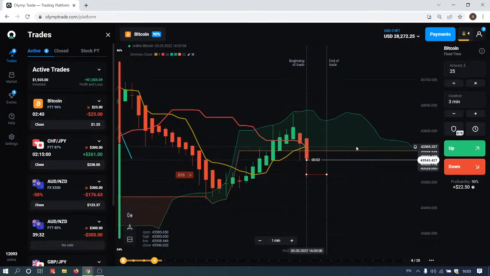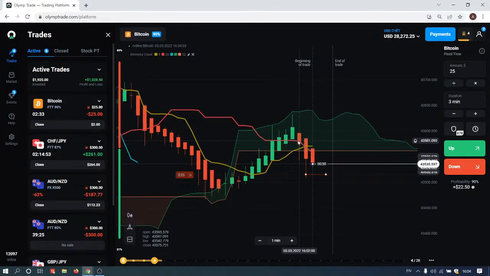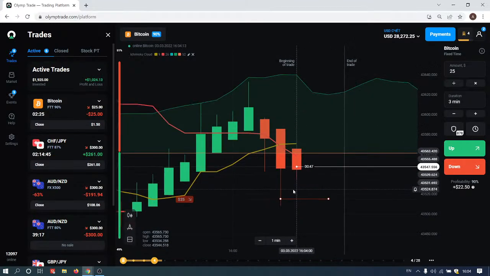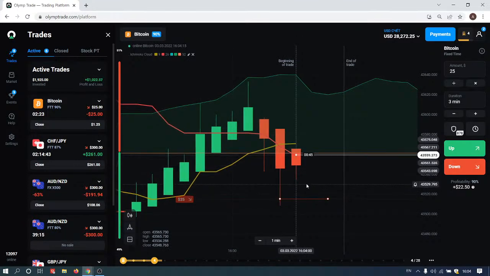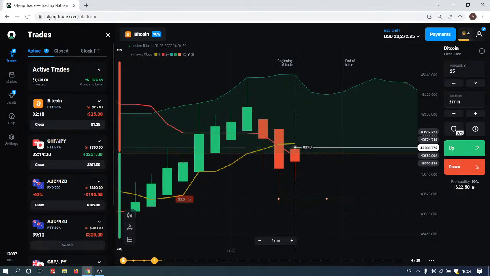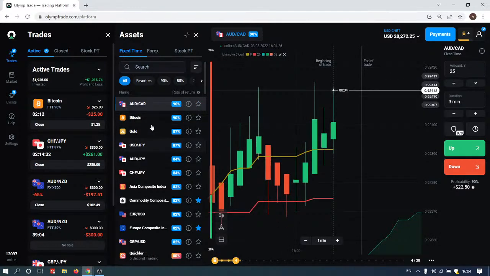Okay, so the red line crosses the yellow line from top to bottom, in the downwards direction, and you want to open a trade in the downwards direction. So I did a very quick first trade. Apologize for that. Sometimes I'm doing things a little bit too fast.